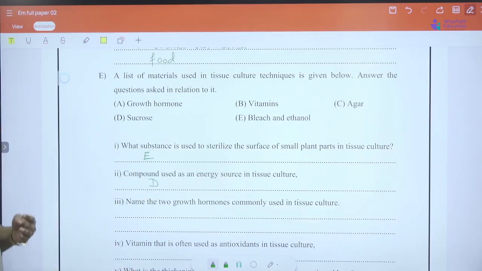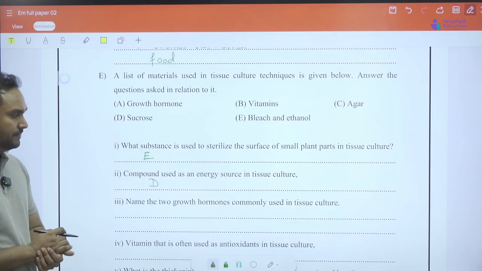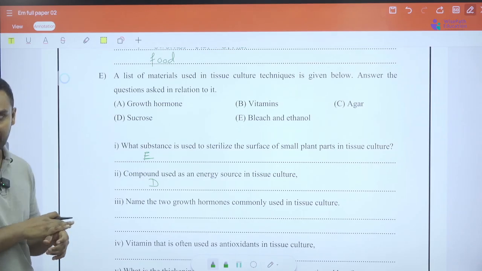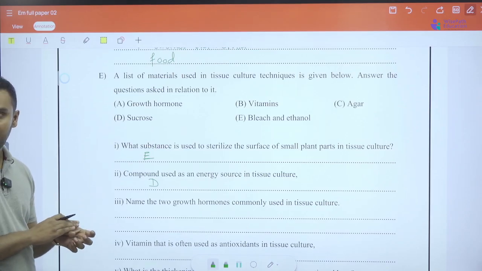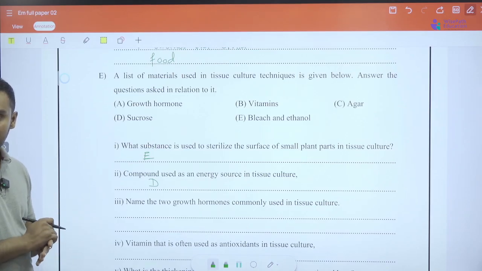Name 2 growth hormones commonly used in tissue culture. This is confusing if it's asked for the cytokinin and auxin. But if it asks for the names, it's IBA, indole butyric acid, and IAA, indole acetic acid are the examples given.